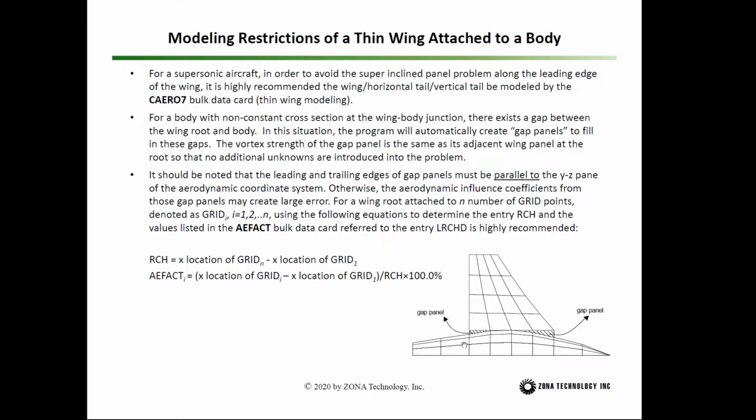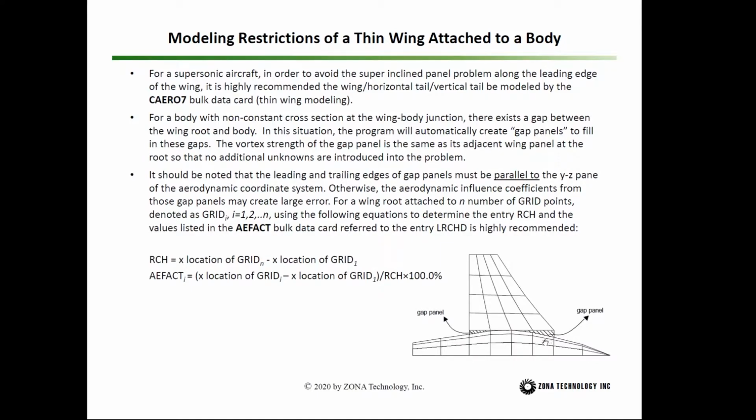But if you have a non-constant body, then there will be a gap. So first of all, you cannot insert the CL7 into the body. The CL7 must be outside the body. And in this situation, you have a gap between the root of the CL7 and the body.